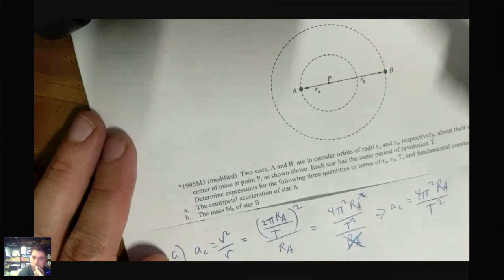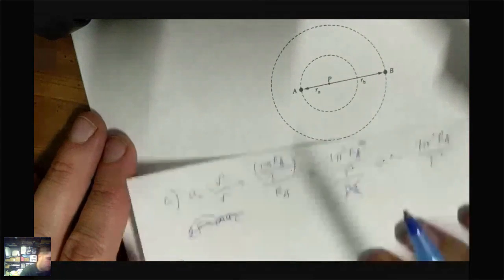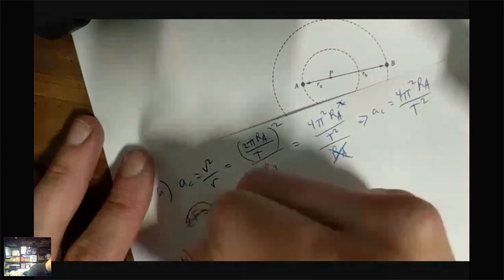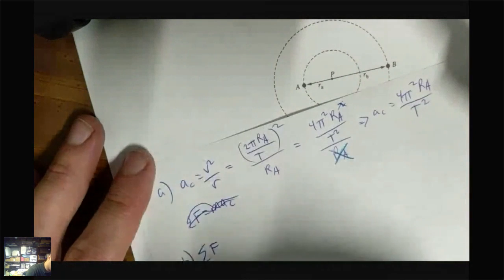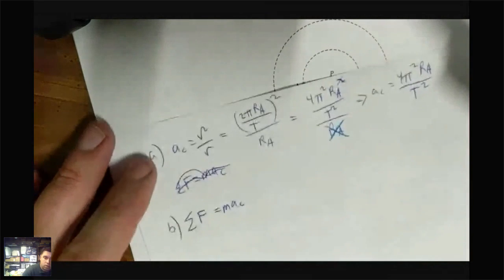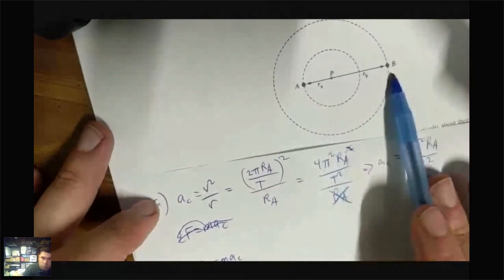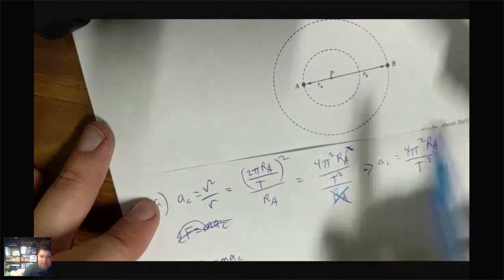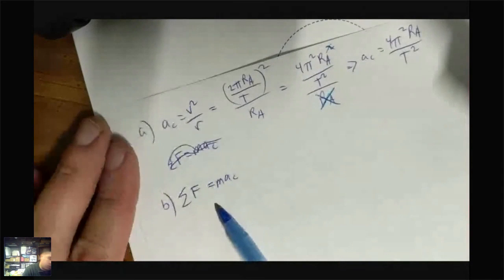Oh, but we could figure out the force. We could figure out that all the forces must equal a mass times an acceleration. That has to be true for either star A or star B. They're both orbiting in circles, so this equation holds true for both of them.